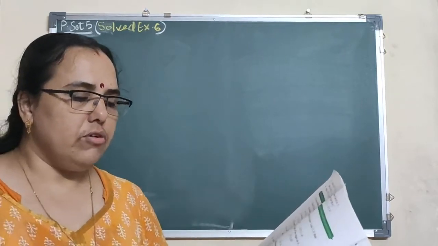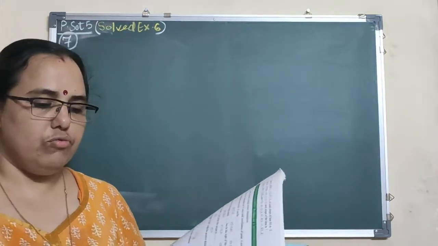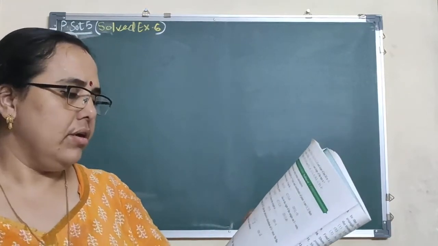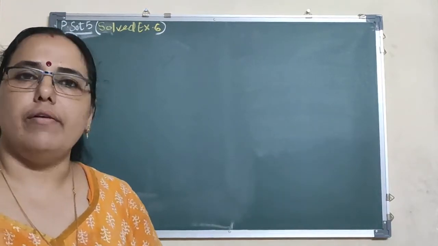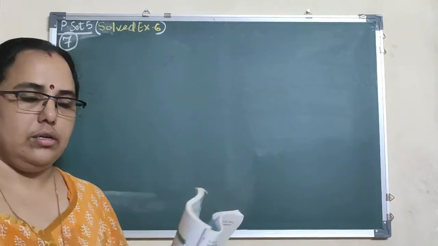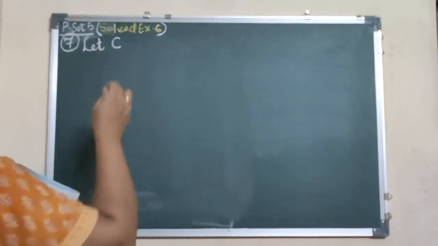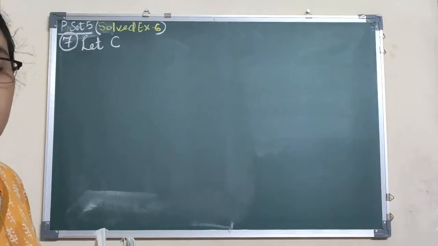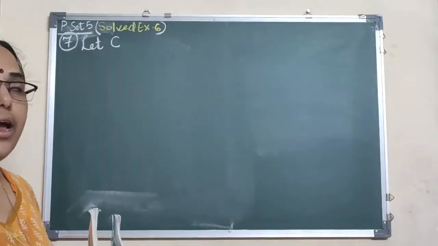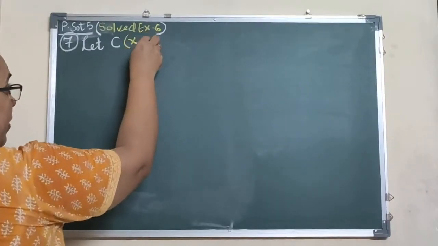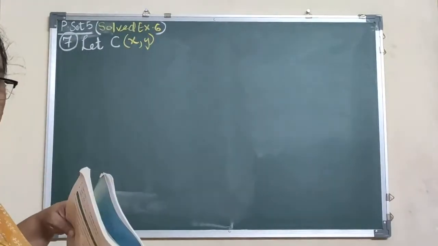Find the coordinates of the circumcenter of a triangle whose vertices are minus 3, 1, 0, minus 2 and 1, 3. So we say let C be the circumcenter, and we take the coordinates as x, y.